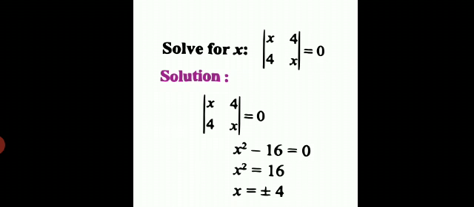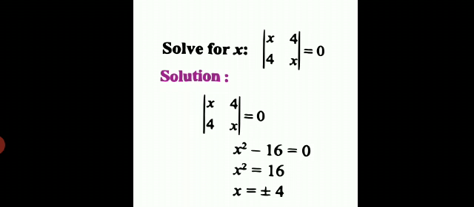Next one, solve for x. So the determinant is given with the elements x, 4, 4, x, and which is equated to 0.